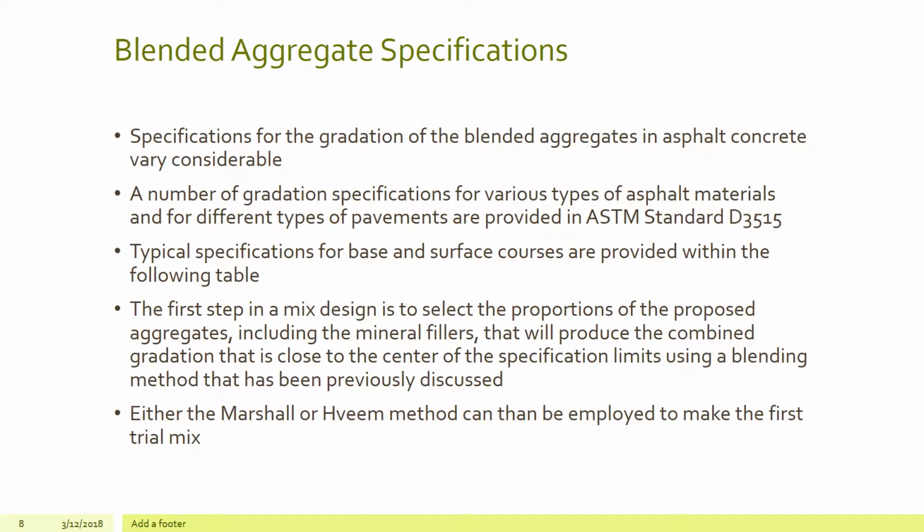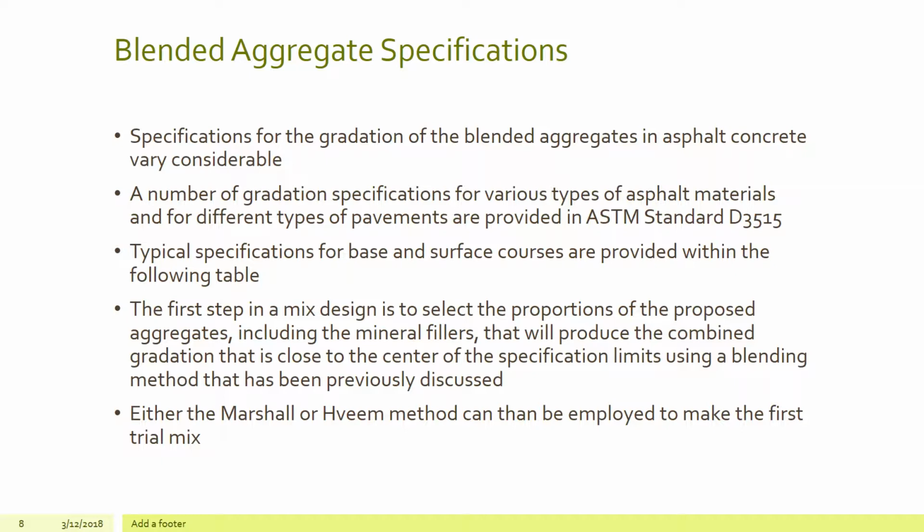A number of gradation specifications for various types of asphalt materials and for different types of pavements are provided in the ASTM standard D3515. Typical specifications for base and surface courses are provided within the following table. Of course, you're going to see that within the PowerPoint presentations.